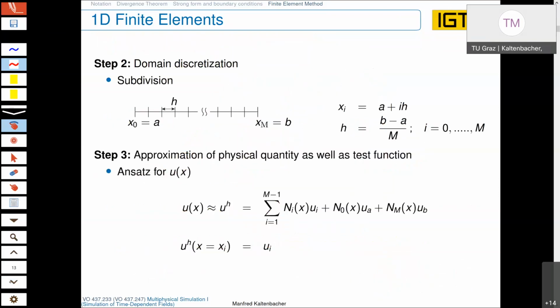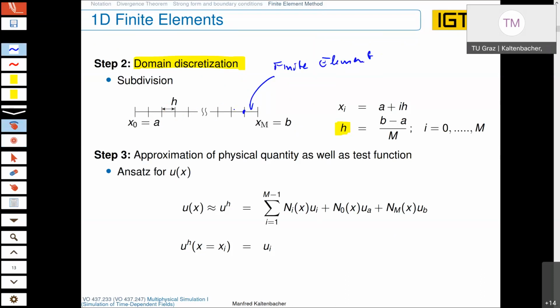So here we just summarize this domain discretization. In our case, to make it simple, we have a mesh size which is the same for each element. This is what we will call a finite element.